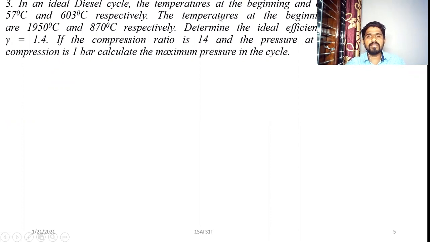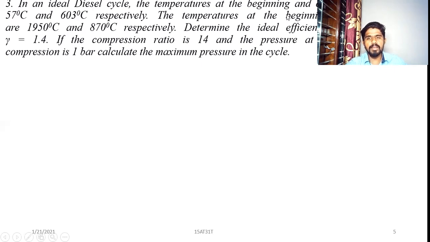The temperatures at the beginning and end of the compression are 57 degrees centigrade and 603 degrees centigrade respectively. The temperatures at the beginning and end of expansion are 1950 degrees centigrade and 870 degrees centigrade respectively. One is for the compression and one is for the expansion.